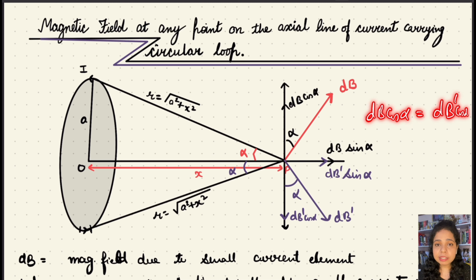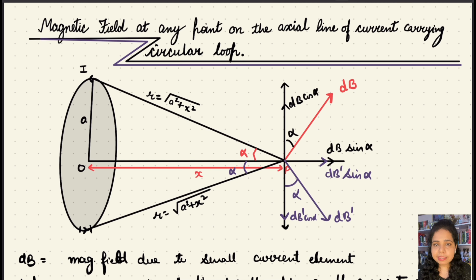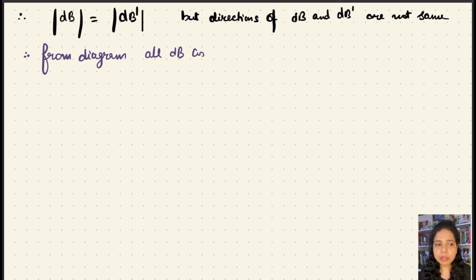The directions are opposite, so these are going to cancel each other's effect. So all the dB cos alpha components will cancel each other out.